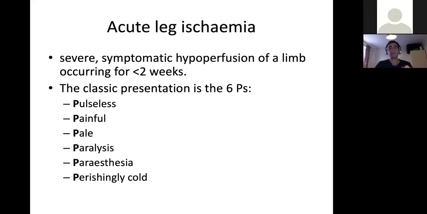So, acute limb ischemia is essentially severe symptomatic hypoperfusion of a limb, which has happened in the last 2 weeks. And the 6 Ps, which are very important to know, show you the signs and symptoms of acute limb ischemia: pulselessness, painful, pale, paralysis, paresthesia, and perishingly cold.